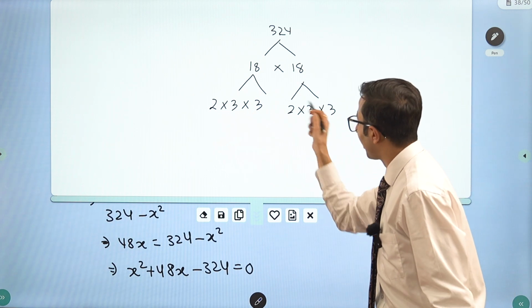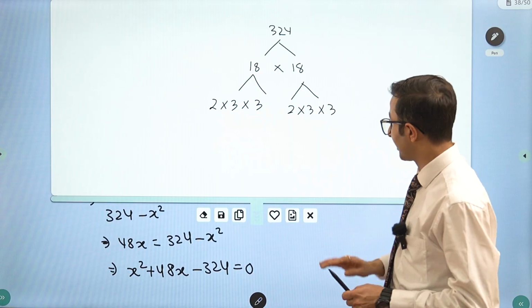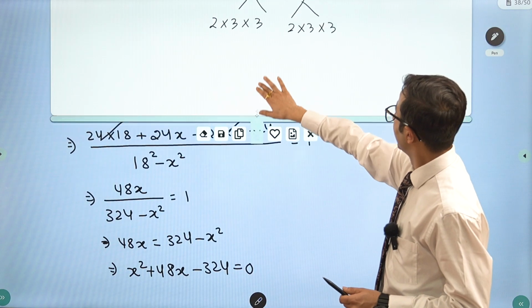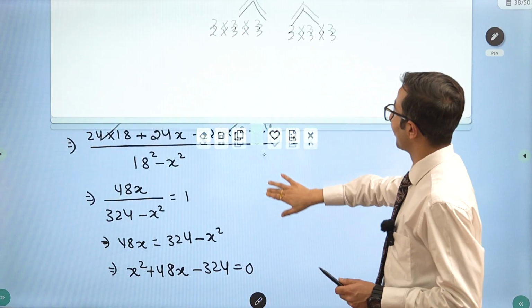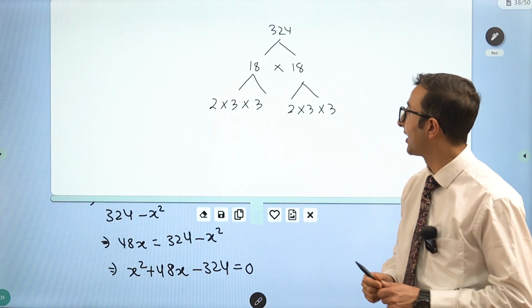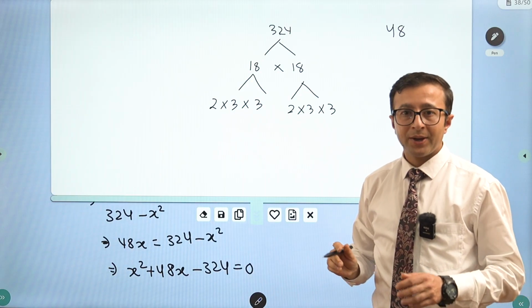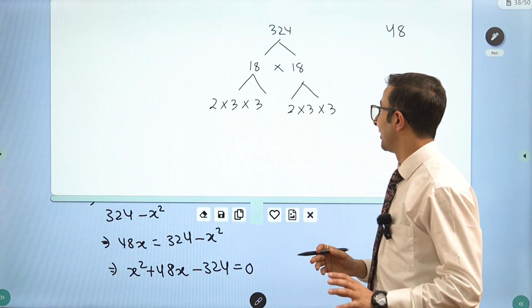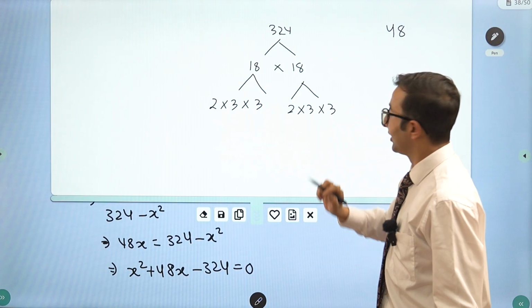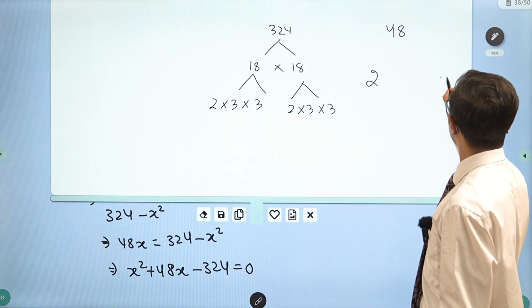Now taking these numbers, we have to find two such numbers whose difference is 48. We will find it from here. 48 is an even number, so both the numbers should be either even or odd. That's why there are two 2's. Those two 2's will be distributed. I'll write one 2 here, another here.